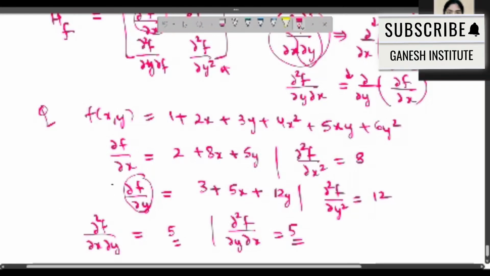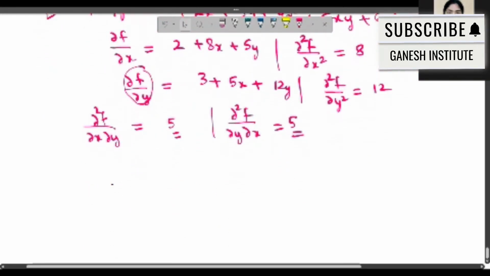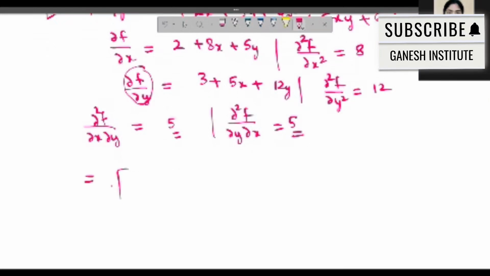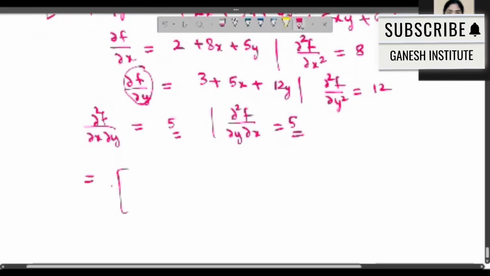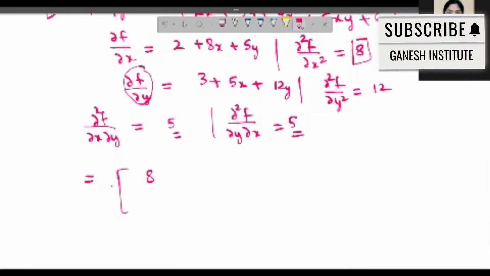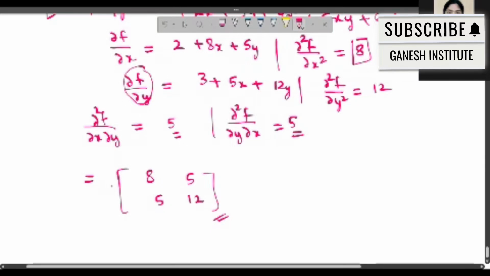Now once you get this matrix, the double derivative of f with respect to x is 8, then 5, 5, 12. Once you get this, this is how you get the matrix.